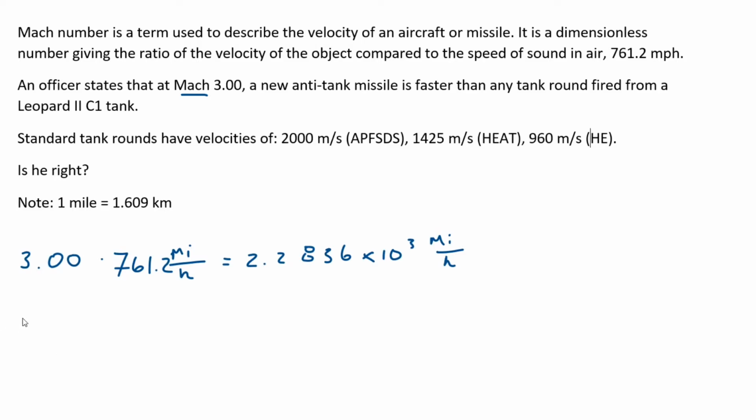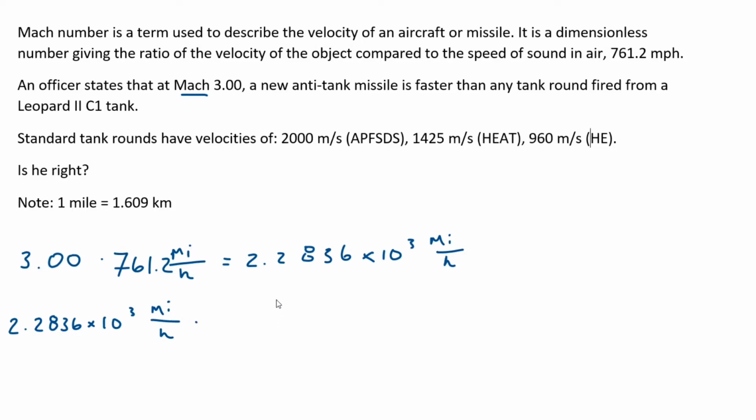Okay, but we still have some unit conversion work to do here. So we have 2.2836 times 10 to the 3 miles per hour. Okay, and we got to get it into meters per second, so let's work on the meters part first.